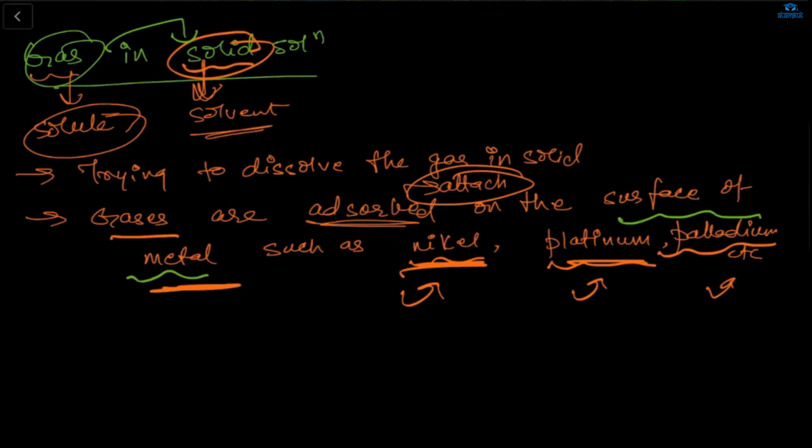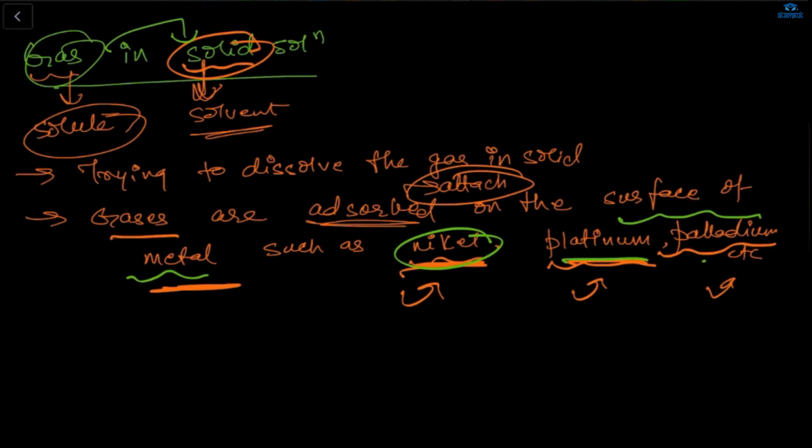Ma'am, I think gas molecules are trapped in the solids. Yes, the gas molecules are trapped in the solids, meaning gas molecules are attached on the surface of metals like nickel, palladium and platinum. That's how we can dissolve the gas in solid, by just attaching the gas on the surface of the metal.